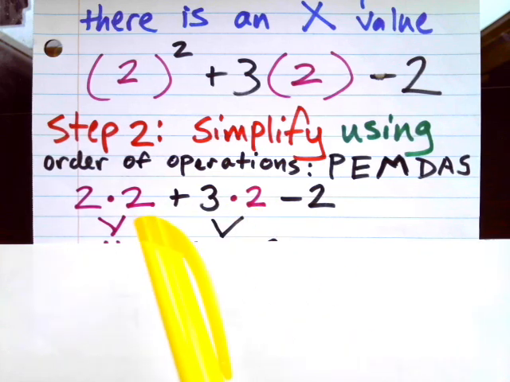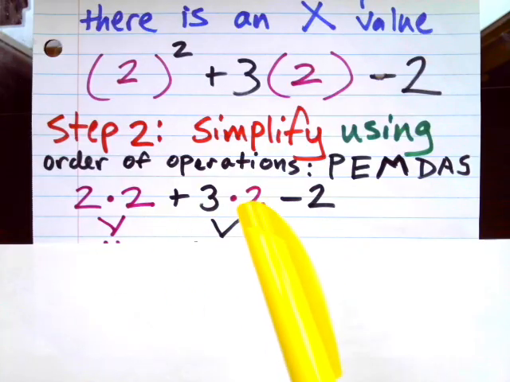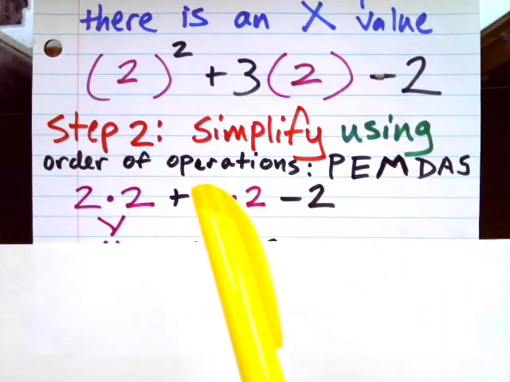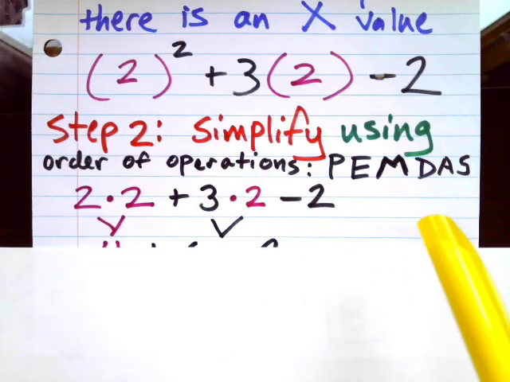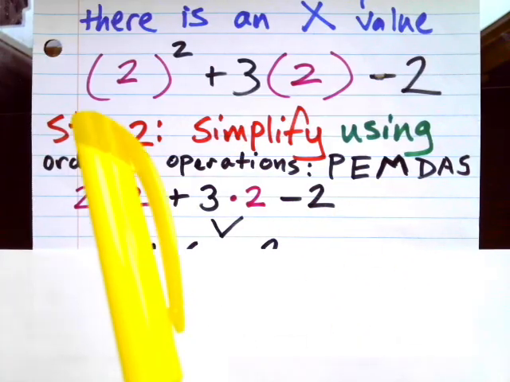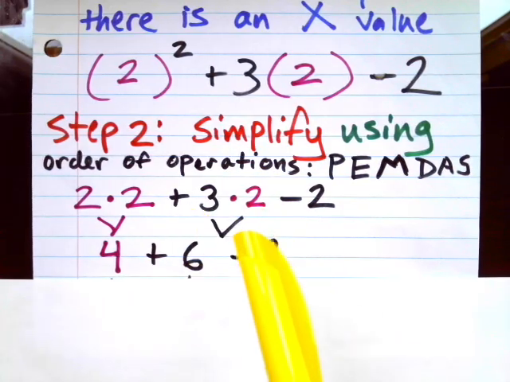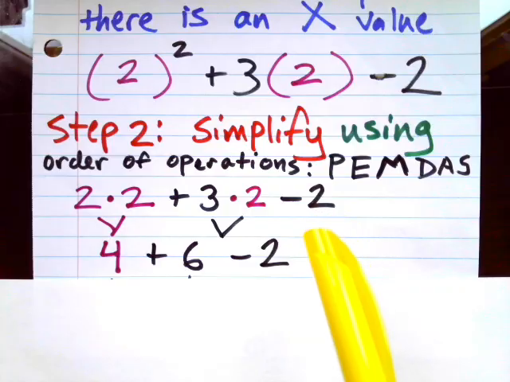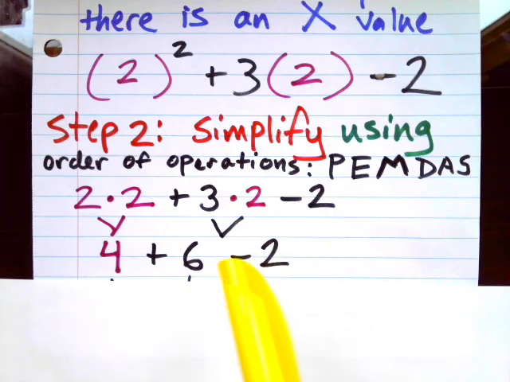Then since there are no parentheses that I can work on the inside of, I skip straight to multiplying and dividing, what you see here, 3 times the 2. And the final step is to add or subtract. So again, 2 squared is 2 times 2, which is 4, plus 3 times 2 is 6, and I just rewrote that negative 2.